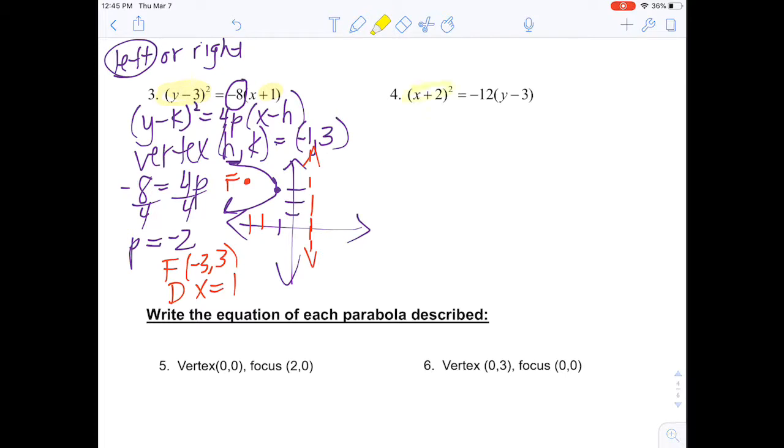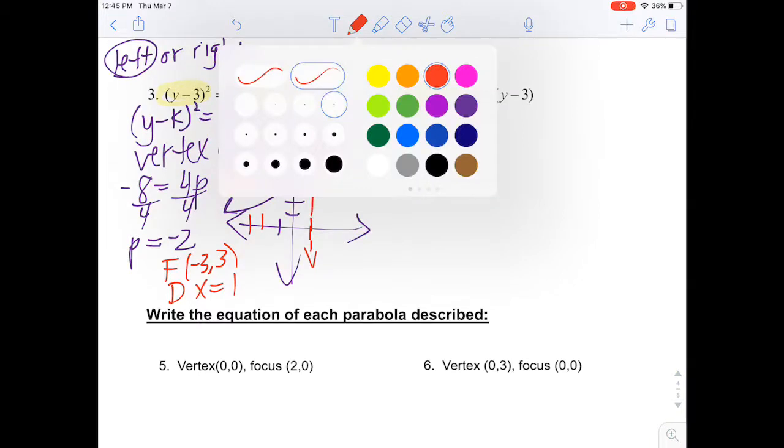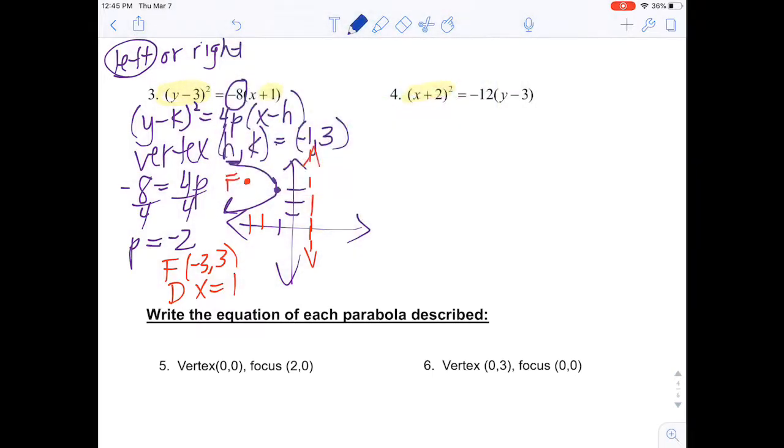All right, number 4. Going to be either going up or down. So how do we know where it's going? We're looking at that -12 that's in the 4p spot. Actually, let me go blue. Okay, so this is going to be going up or down.